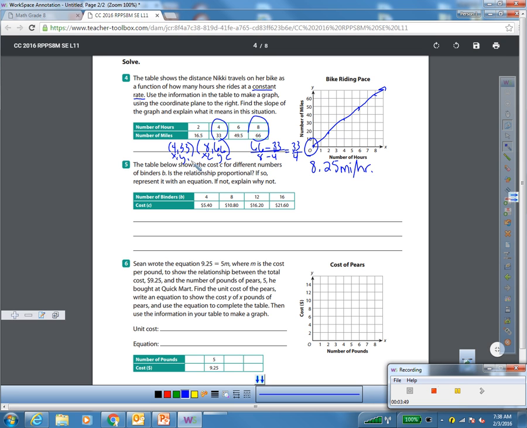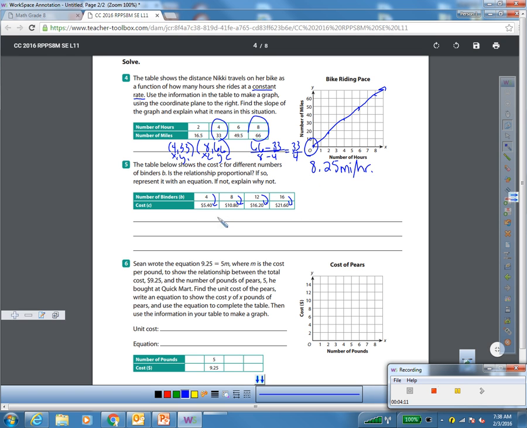Okay, next one. The table below shows the cost C for different numbers of binders B. And is this relationship proportional? So we're looking for, is it proportional? And if so, represent it with an equation. If not, explain. So we're looking for a consistent rate of change, or constant of proportionality would be another way to say it.